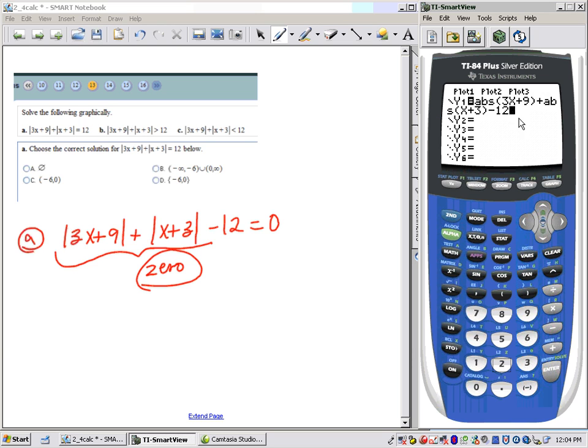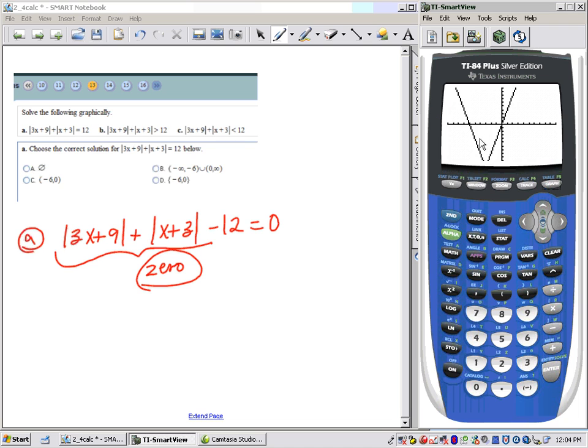Everybody get that? So absolute value of 3x plus 9 plus the absolute value of x plus 3 minus 12. Now to solve the equation, I'm setting it to 0 and going to use my x-intercepts or my zeros to find the solution. Now graph.